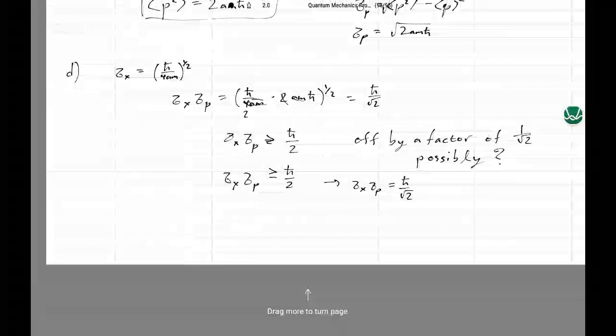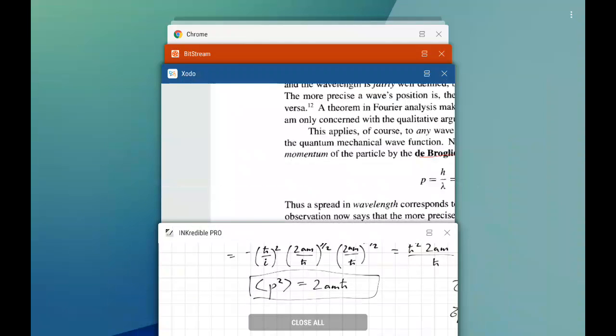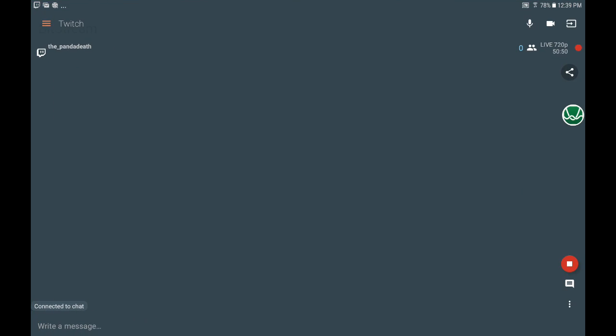So it's a long chapter, and there's a lot of problems, and they are probably the most pertinent problems that you're going to face, at least in undergraduate quantum mechanics. So with that said, there we go. All done with chapter 1.